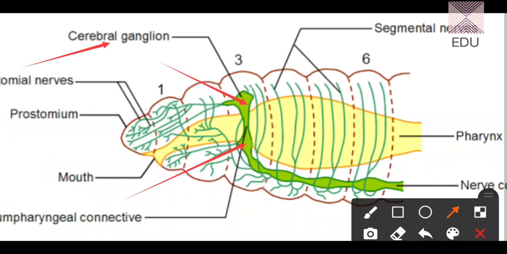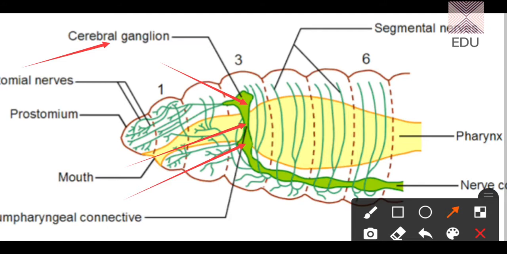So we have a connective also. Here we have the cerebral, or you can say circumpharyngeal connective, which is connecting these 2 ganglia. I have given you the concept of the connective and the commissure in the last lectures.